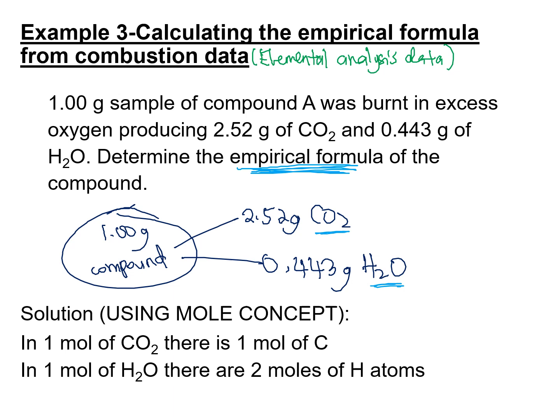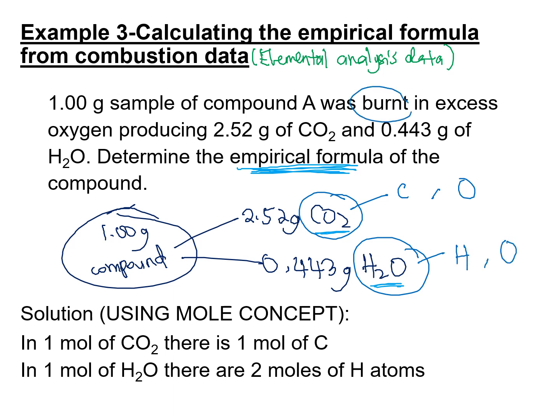Look closely. In CO2, you have the elements carbon and oxygen. In H2O, you have the elements hydrogen and oxygen. That means after burning the compound, you will have 3 elements here, which are carbon, hydrogen and oxygen. The tricky part in this question is, you cannot just simply make a table for C, H, O.